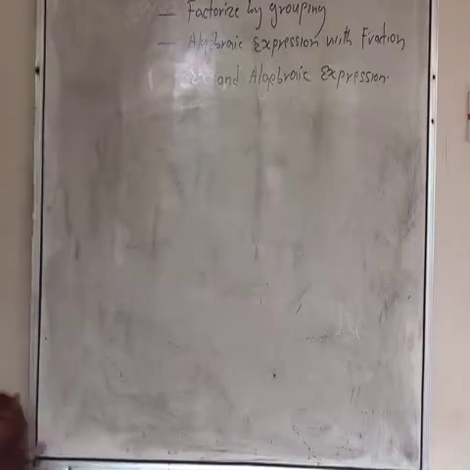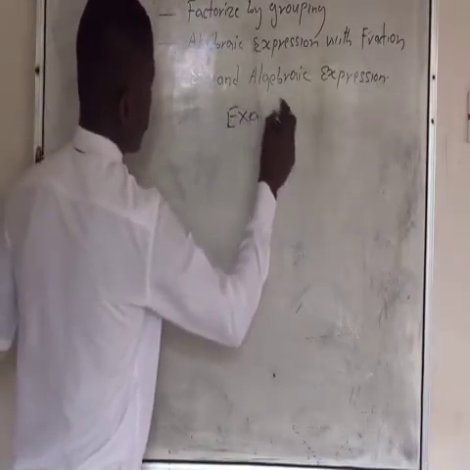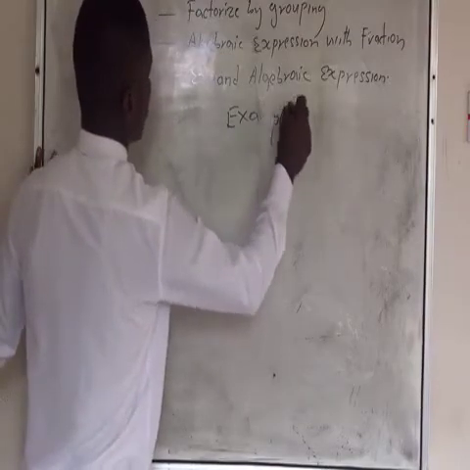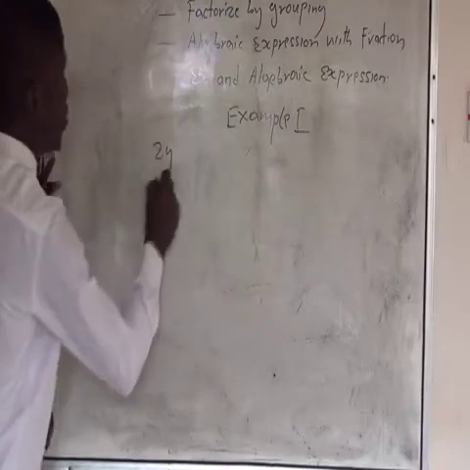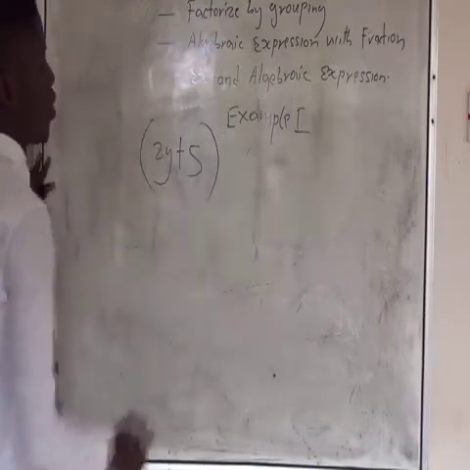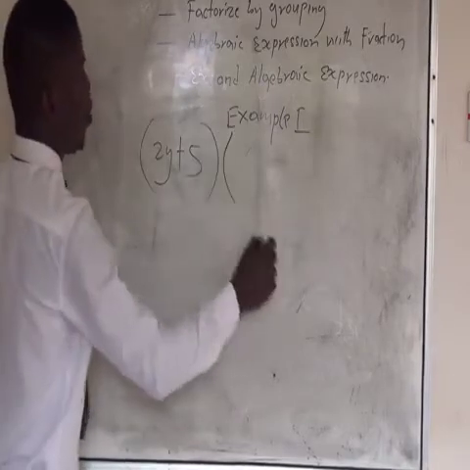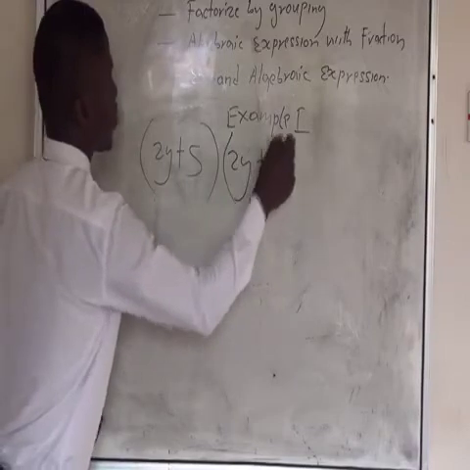Let's go. Example 1. 2y plus 5, open bracket and close. Open another bracket, 2y plus 3.